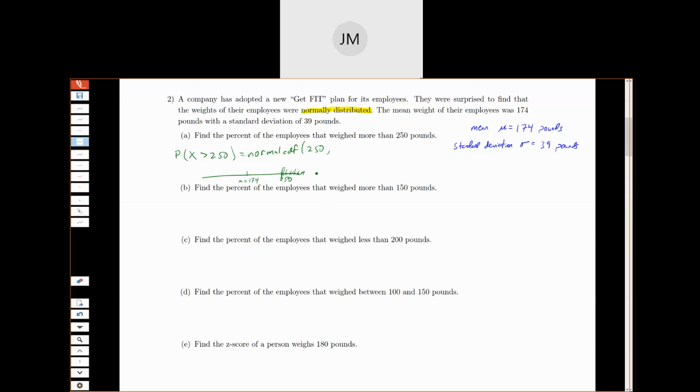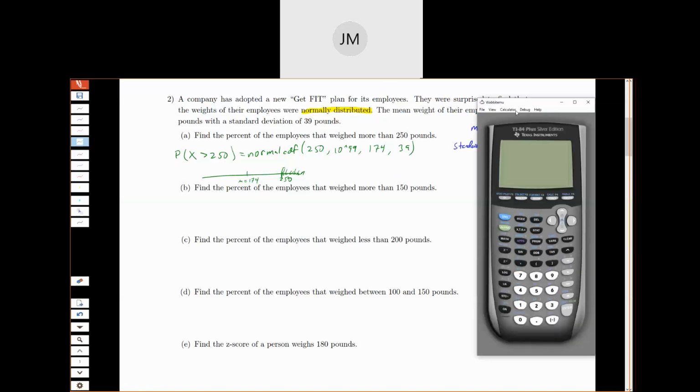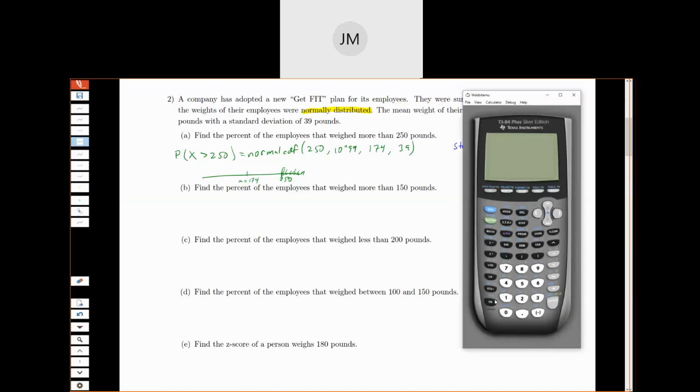Since it doesn't have an upper value, we could just use 10 to the power of 99, and that to our calculator is a good approximation of infinity. Then we have the mean, and then the standard deviation. Now, I wrote this the way that your calculator will paste it. I'll show you that in a second, but for most of you, you don't really need to worry about the order and separating into commas.